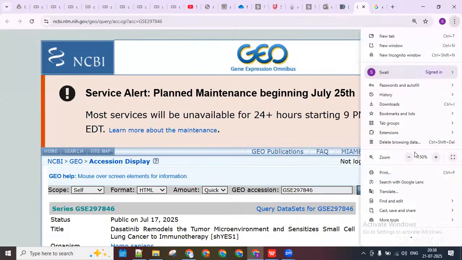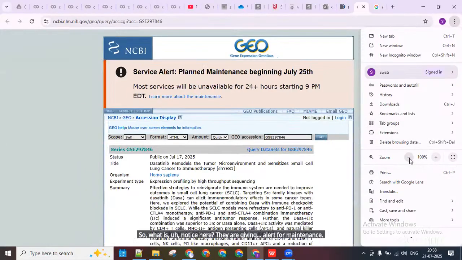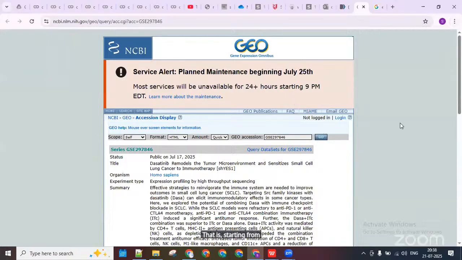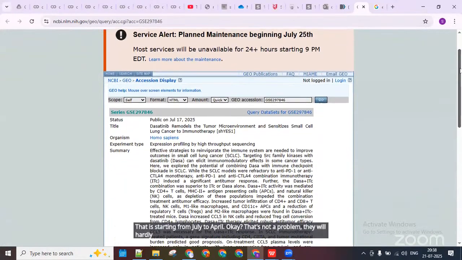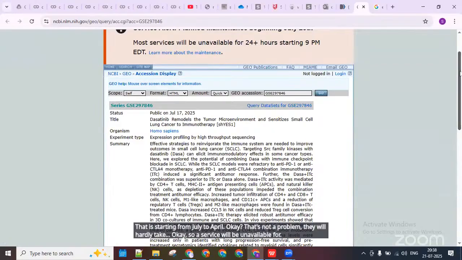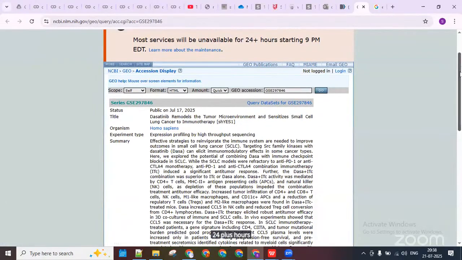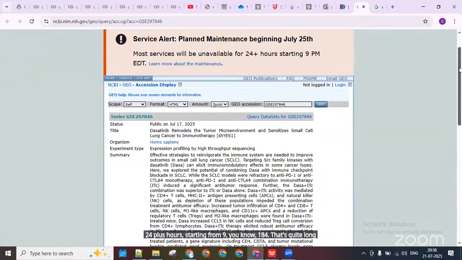What is the notice here? They are giving an alert for maintenance, starting from July 25. That's not a problem. The service will be unavailable for 24 plus hours starting from 9 p.m. That's quite long, but no problem.